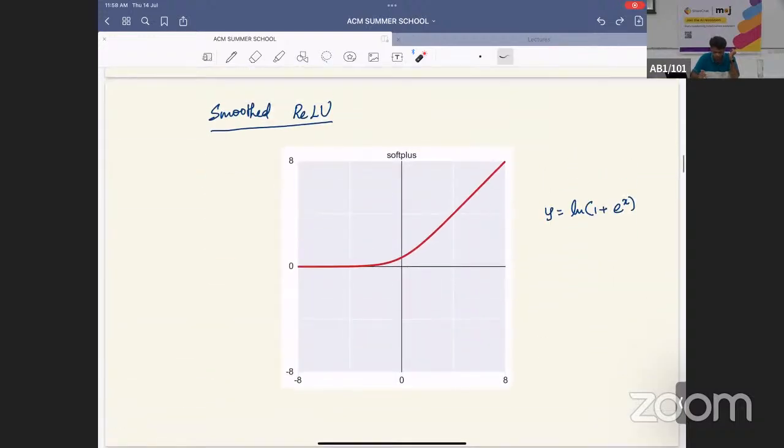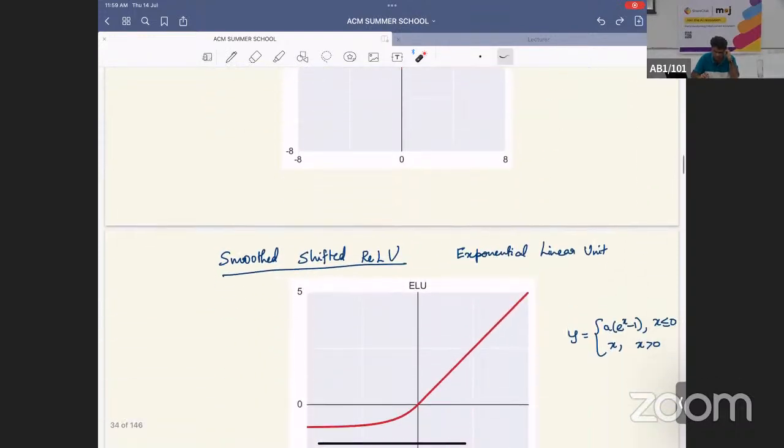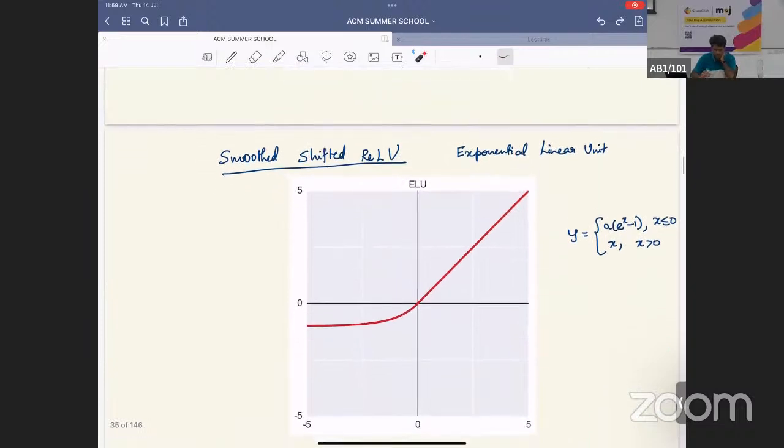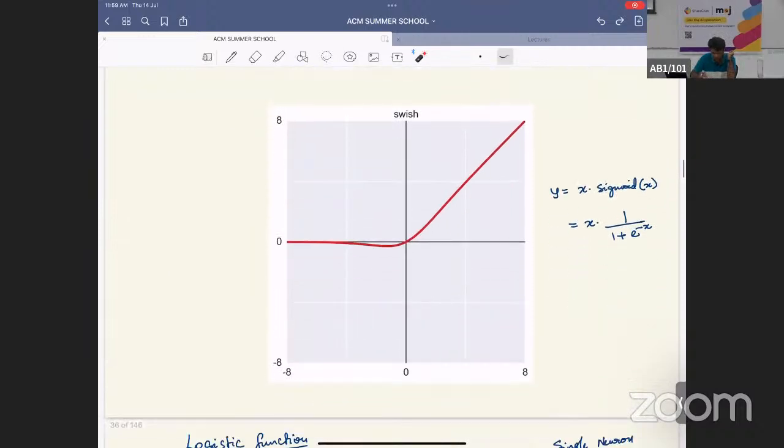And there is a smooth ReLU, whose equation is something like this. So there is a ReLU, there is a discontinuity here. So you make it smooth using ln of 1 plus e power x. And there is smooth shifted ReLU also. So we saw shifted ReLU was like this, but smooth shifted ReLU doesn't have any discontinuity there. And there is a swish function, which is something like this.